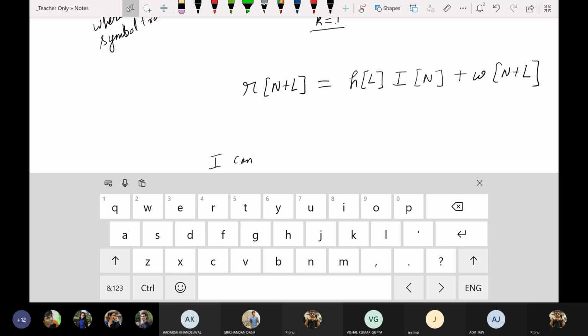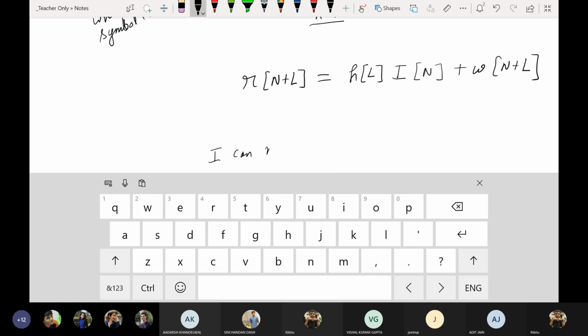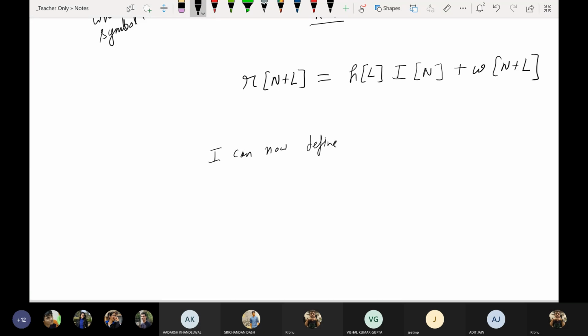So now I can define this vector. So let's say define the vector a.